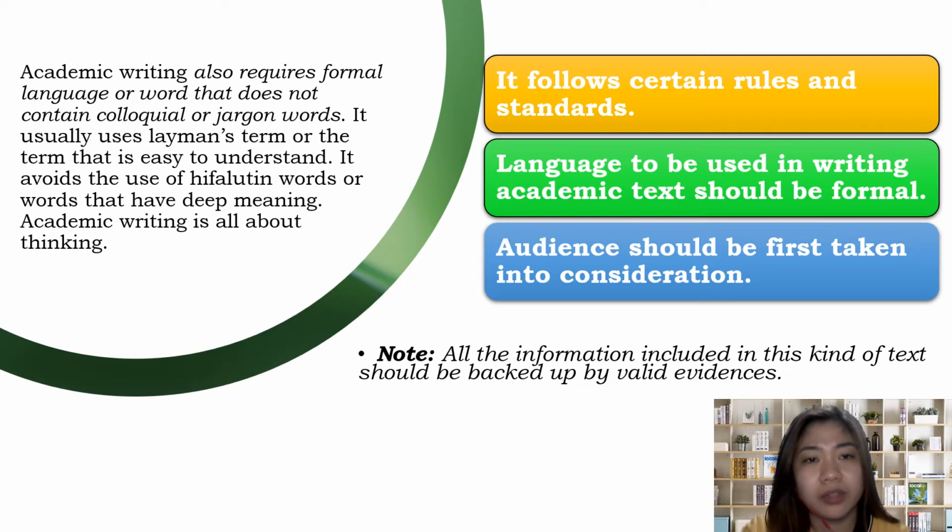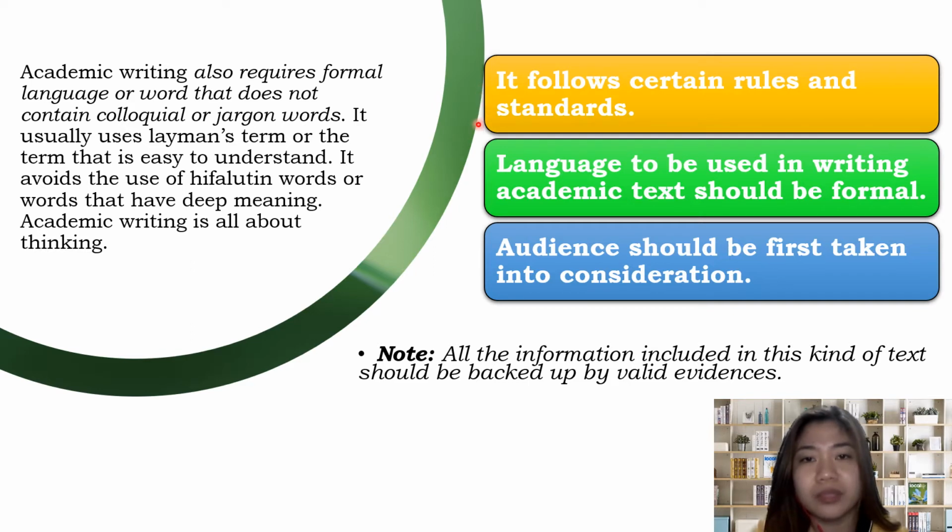Academic writing also requires formal language or words that do not contain colloquial or jargon words. It uses layman's terms or terms that are easy to understand. It avoids the use of highfalutin words or words that have deep meaning. Academic writing is all about thinking. To sum it up, in writing an academic text, you must follow these three.